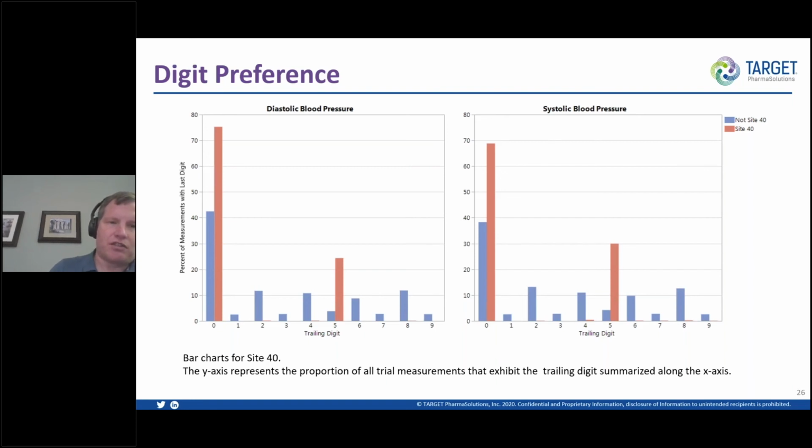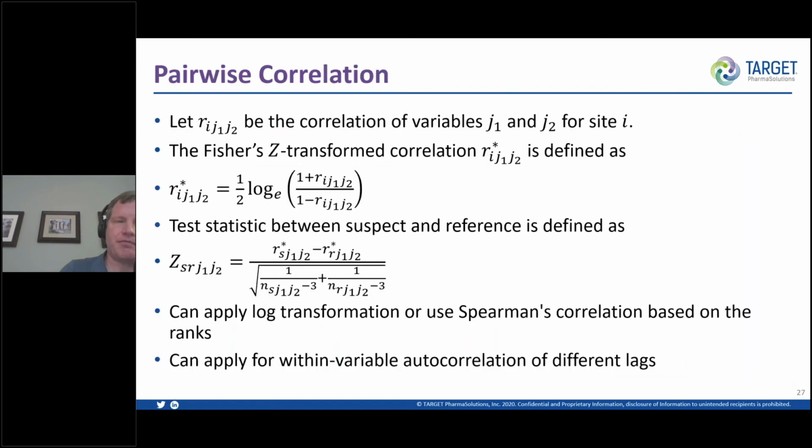But you would need to determine whether or not this is important enough within your study, if this impacts the results enough to go chasing this down and perhaps correcting it. You can see here that essentially they round to either the 0 or the 5 for the last digits of the blood pressures.